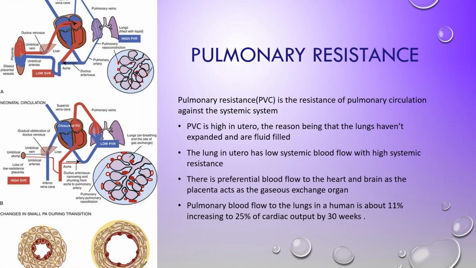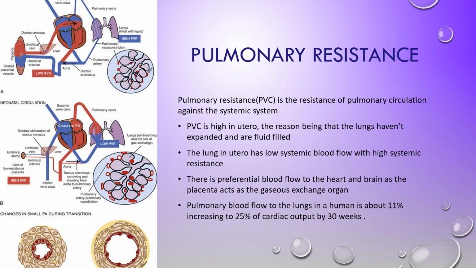Pulmonary resistance. Pulmonary vascular resistance is the resistance of the pulmonary circulation against the systemic system. So in utero, we have high pulmonary vascular resistance because the lungs aren't expanded and they are now fluid full.